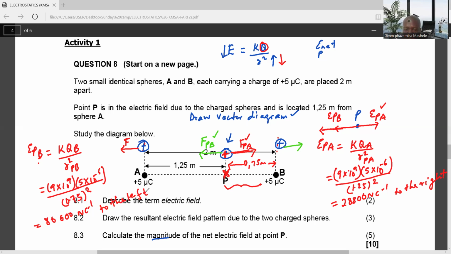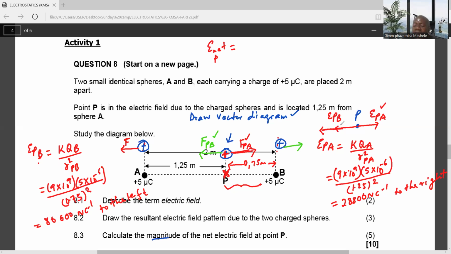So now I believe you are following. Now what do you want? You want to calculate the net electric field at point P due to A and B. So we're going to say the E net at P. How many vectors are we having? Two. Now this is our choice.